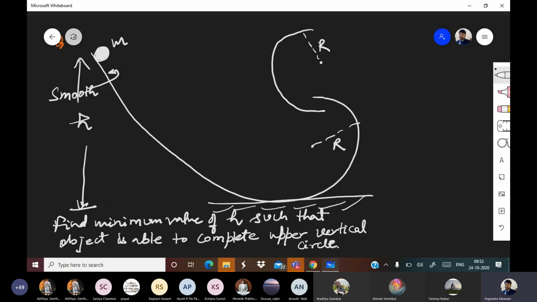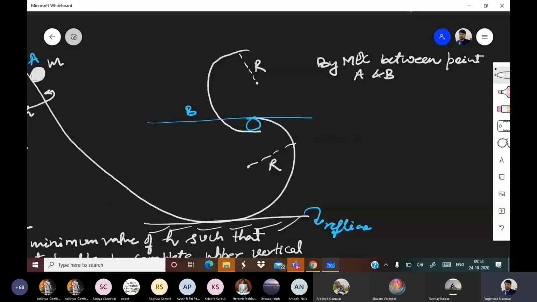By MEC between points A and B, PE_A plus KE_A is equal to PE_B plus KE_B. Now PE_A is mgh, plus KE_A is 0 because it is starting from rest.